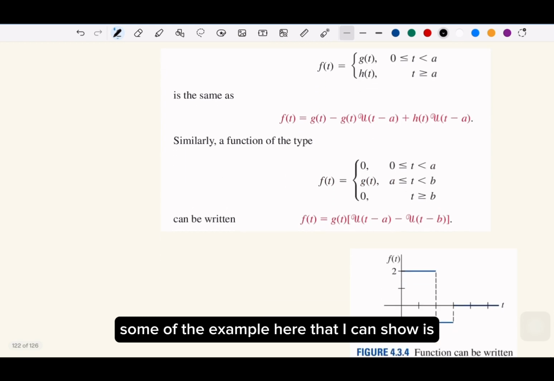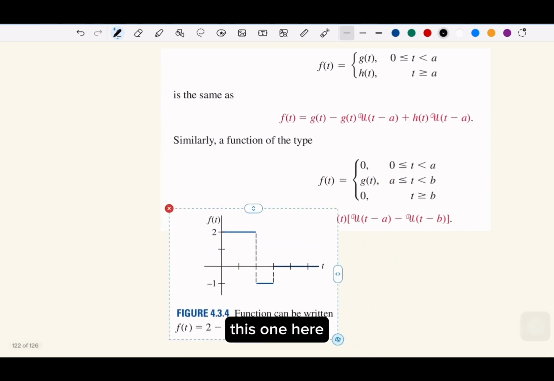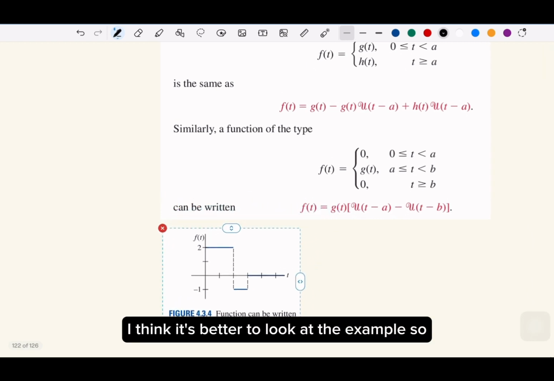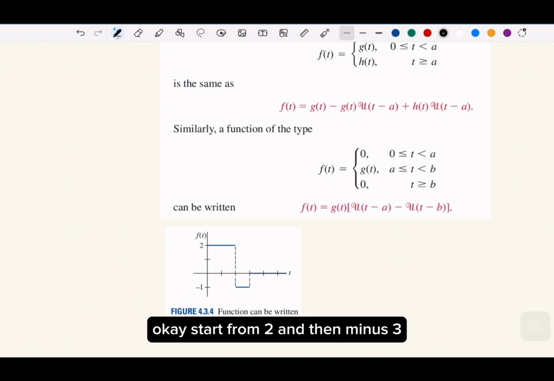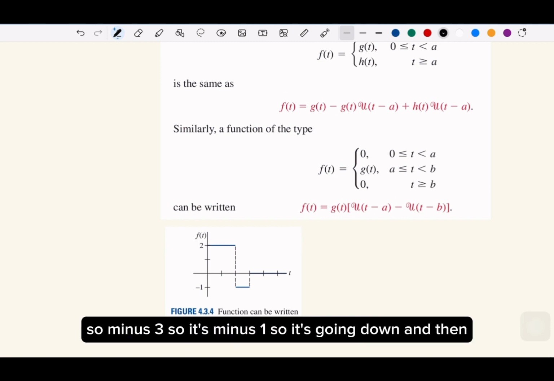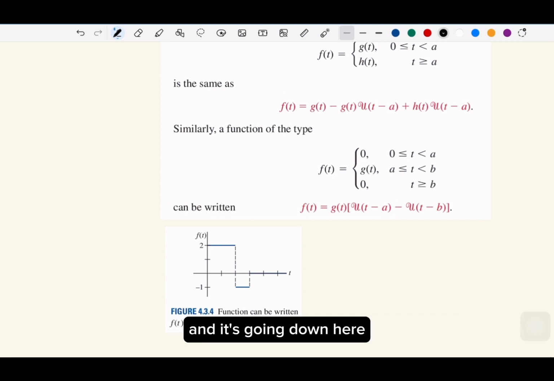So perhaps some of the example here that I can show is this one here. I think it's better to look at the example. So this starts from 2, and then minus 3, so it's minus 1, so it's going down. And then we start taking t minus 2 because we start from here, and it's going down here.